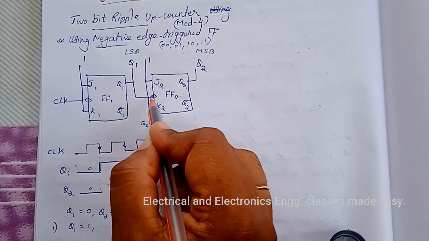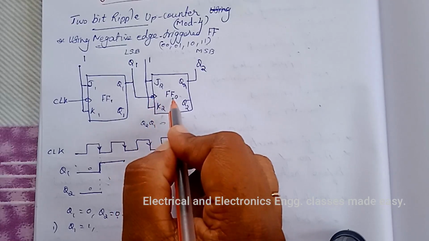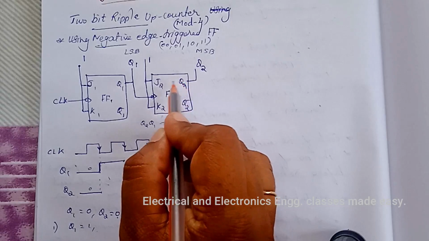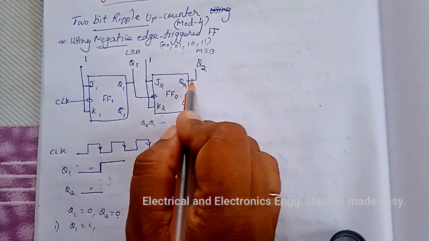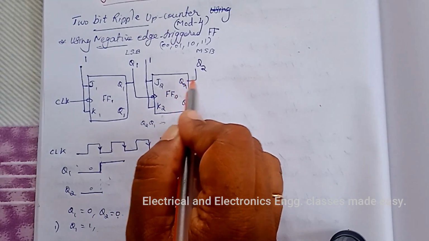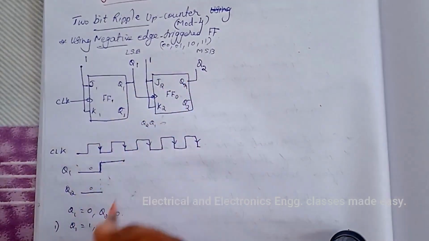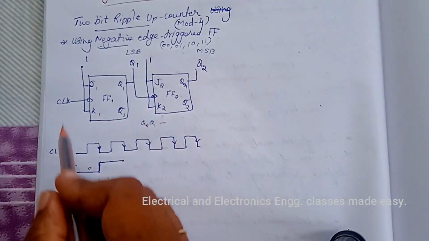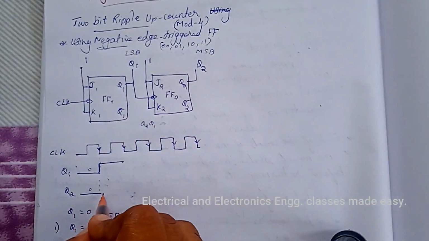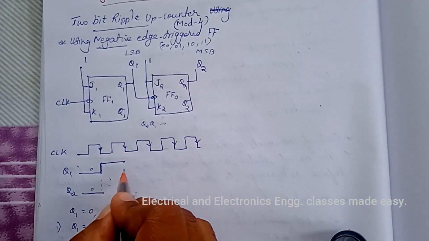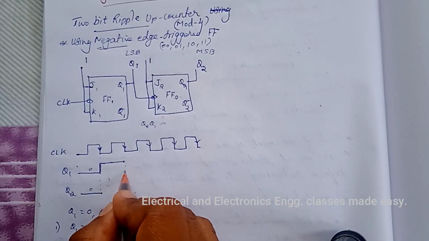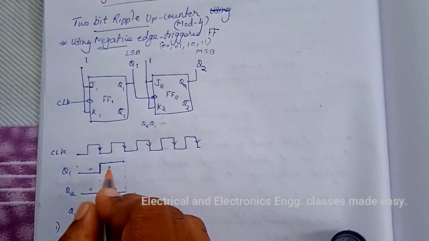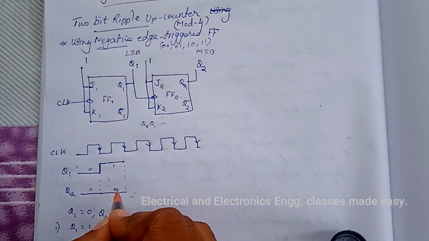So a high to this negative edge triggered flip-flop means it has no effect, its output will not change. So Q2 will be equal to 0 in the first clock pulse, and it will be 0 up to the next negative edge of the clock pulse. So this is 1 and 0.